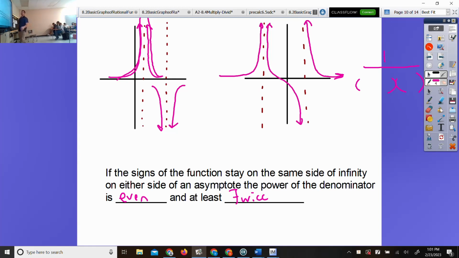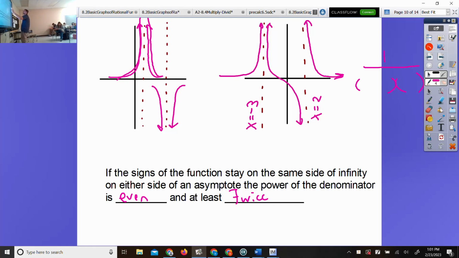I'm going to make up some arbitrary numbers for these asymptotes. Say that one's at -3 and the other one's at 2. This is just like zeros and factors, kids. That's all it is. If there happens to be a vertical asymptote at x equals -3, what's the factor that created it?